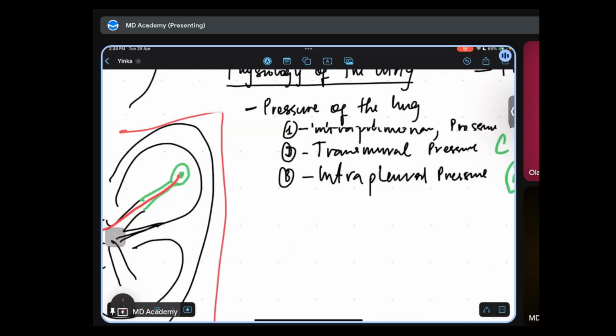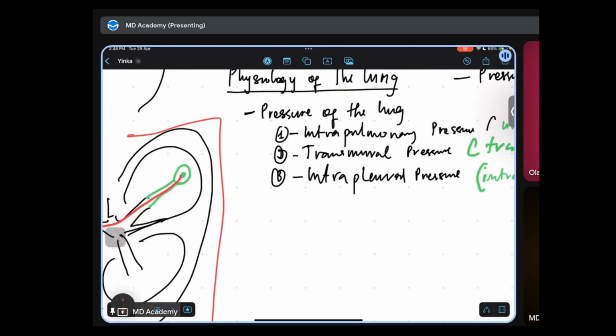Now, when the pressure is negative, what that means is, if the atmospheric pressure, the pressure outside, is usually 760 millimeters of mercury or 1 atm. This is for close to sea level. Anything less than 10 meters above sea level should probably be slightly higher. So anything close to sea level will have this pressure.